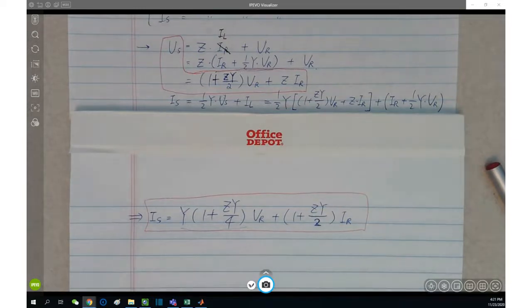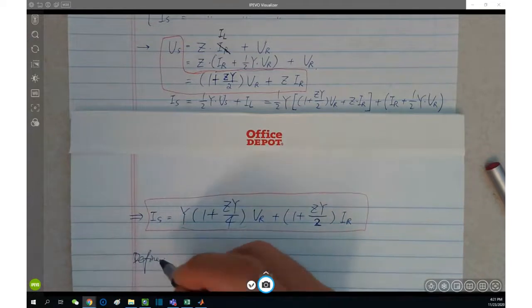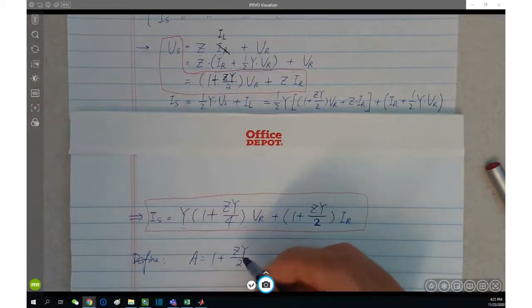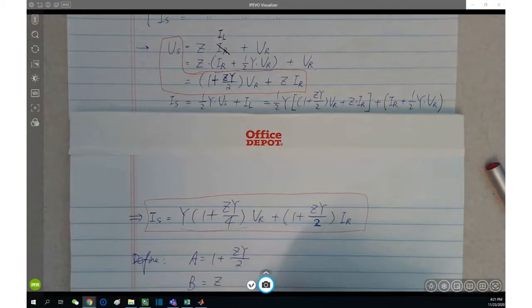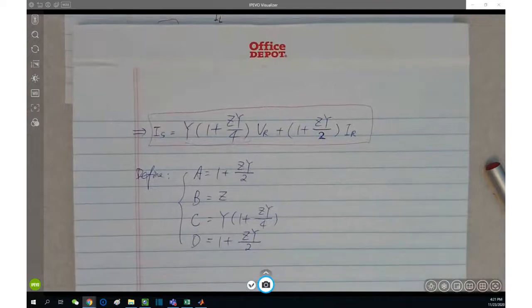So we have VS and IS once again in terms of VR and IR. If we define A equals 1 plus ZY divided by 2, B equals Z, C equals Y times 1 plus ZY divided by 4, and D equals 1 plus ZY divided by 2, what do we end up with?